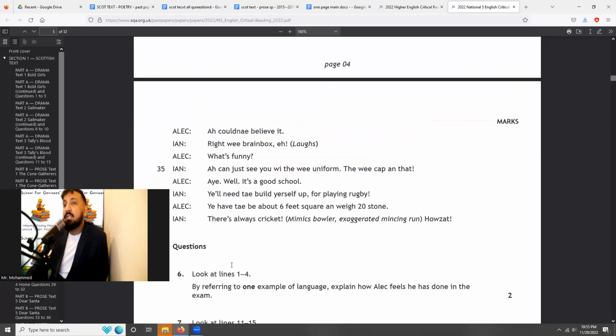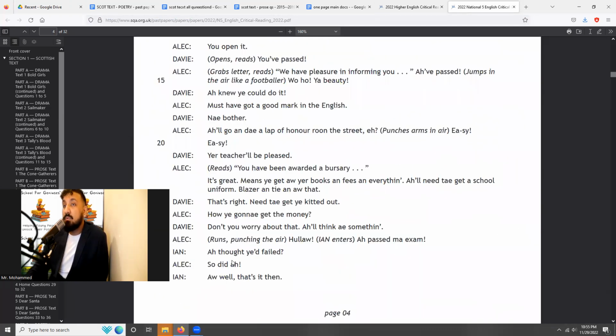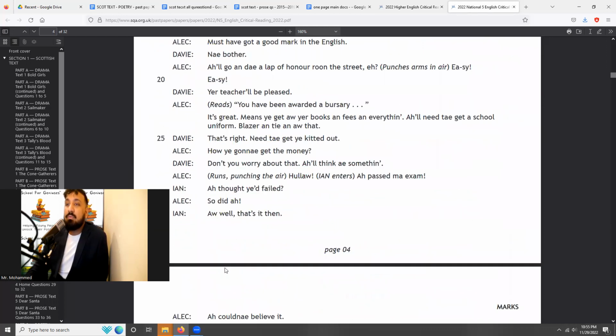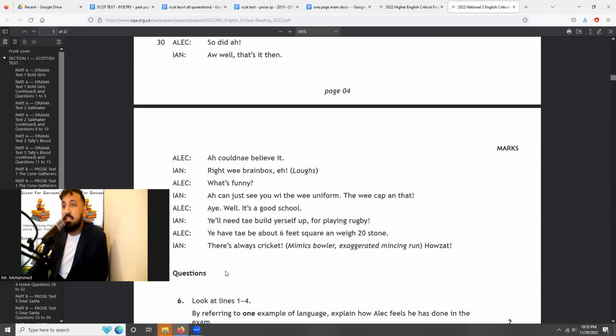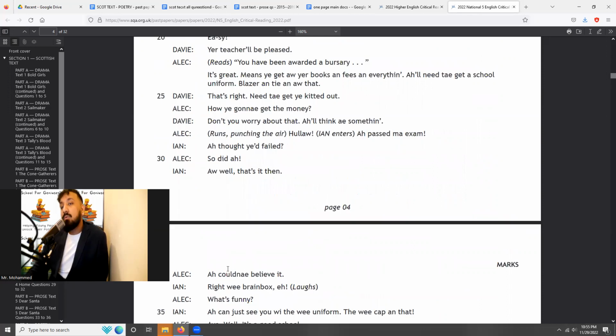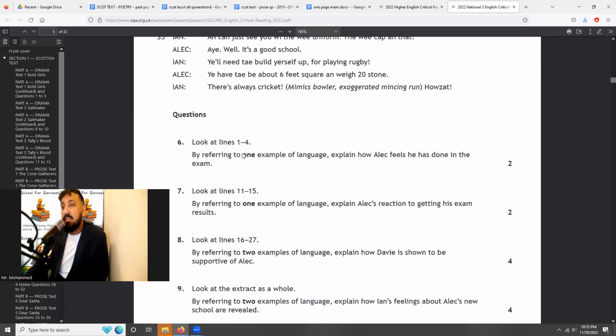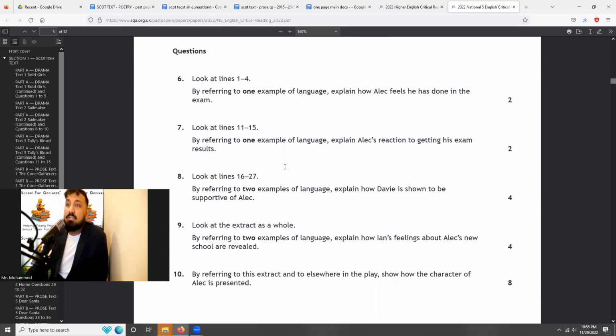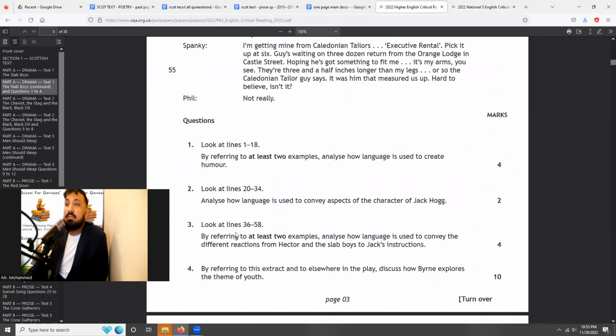If it's a poem, it will only have the full poem if it's quite short. If it's a long poem, it will only be a page or so of that poem.